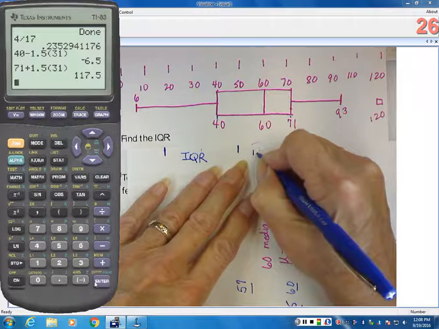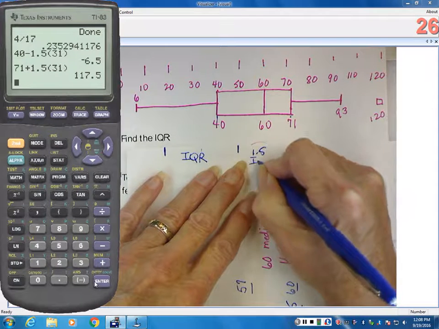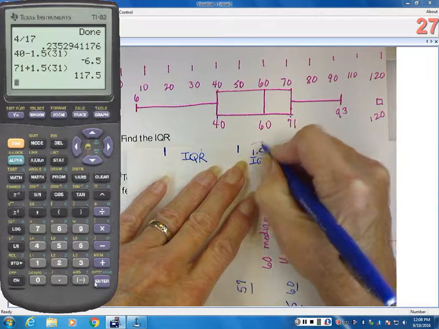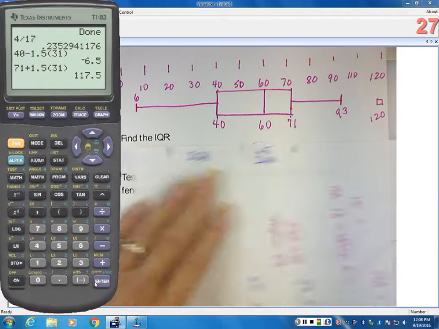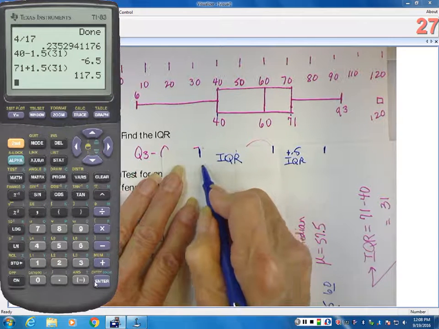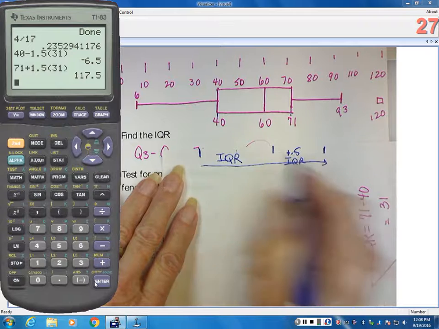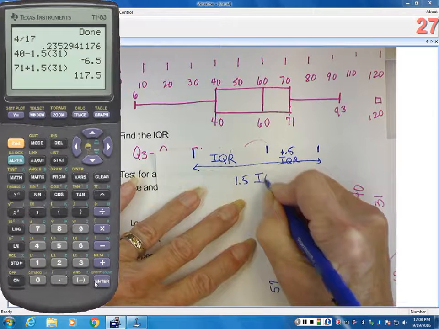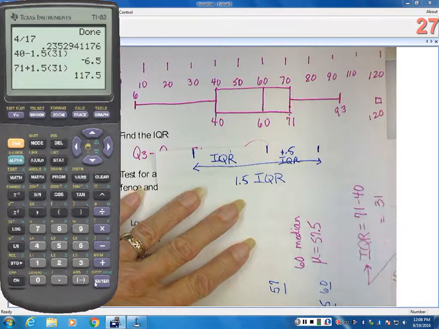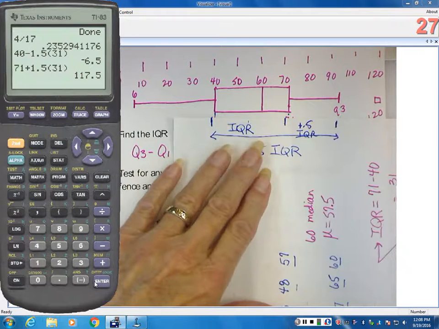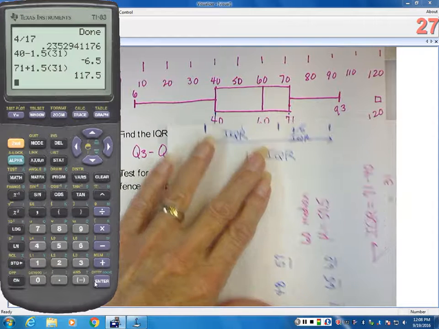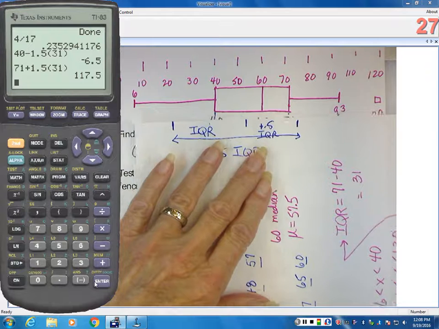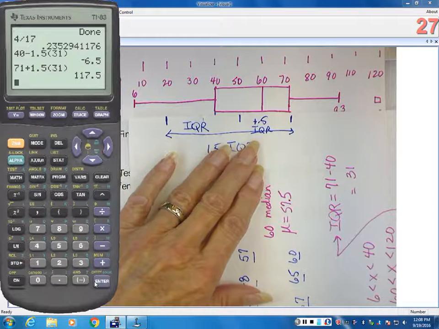This distance is plus another half IQR, so this whole distance is 1.5 interquartile range. That's that 30 or 31 plus another half a box, basically.